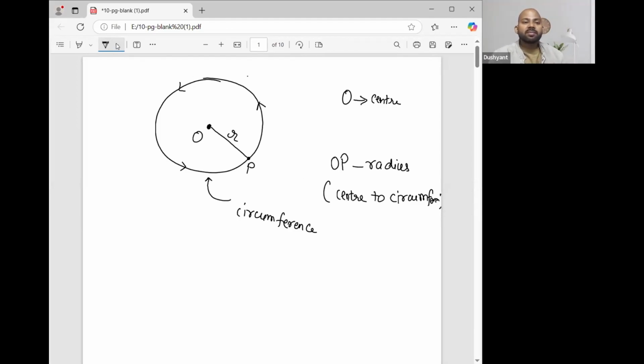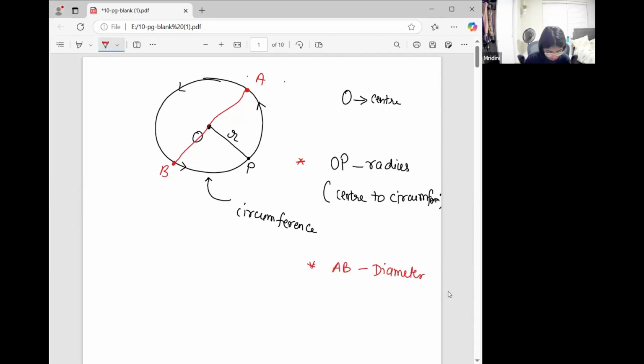Now if I extend in this way, if I pass a line segment through the center that touches the ends of the circle, let's suppose this is my A and this is my B. So I have a line segment that passes through the center and touches the circle at the two ends, A and B. This AB is going to be my diameter. It passes through the center, right?